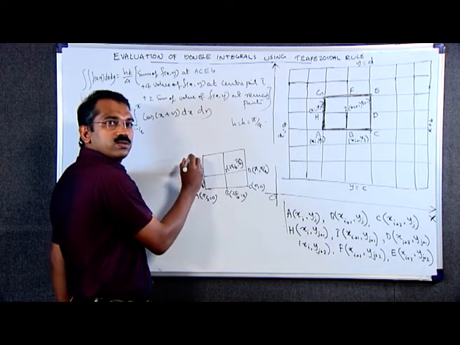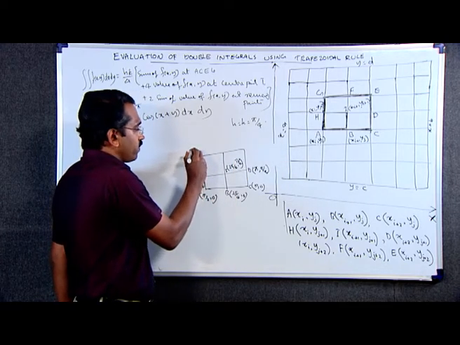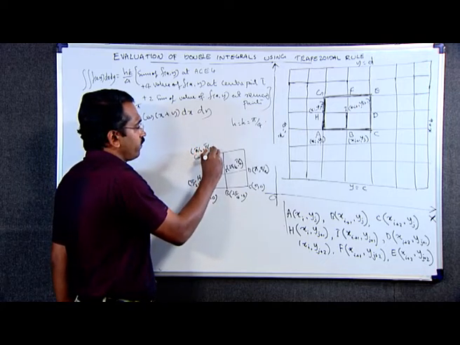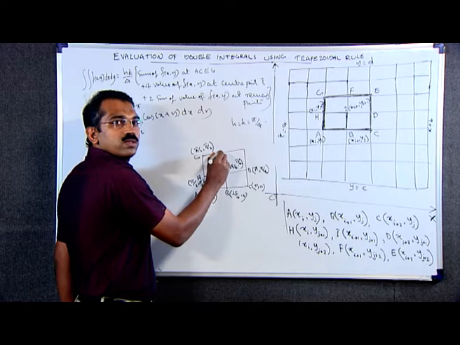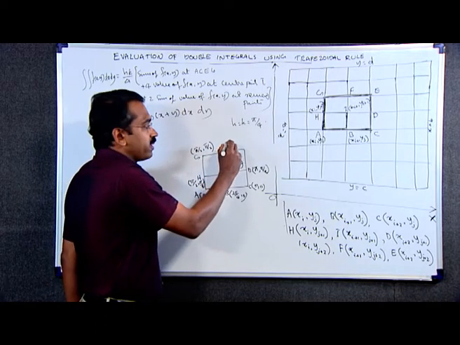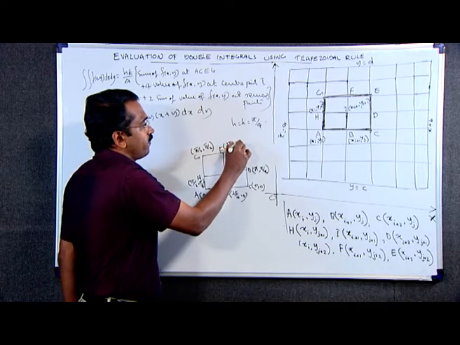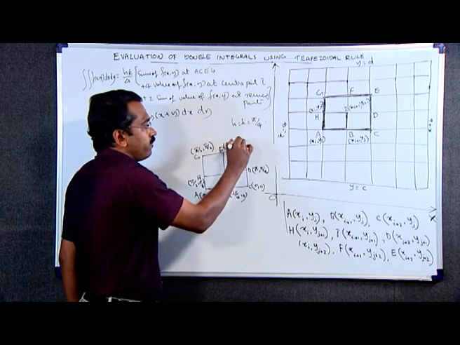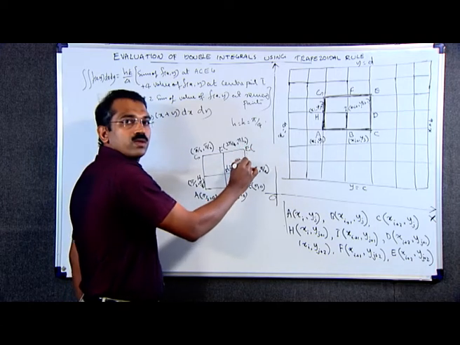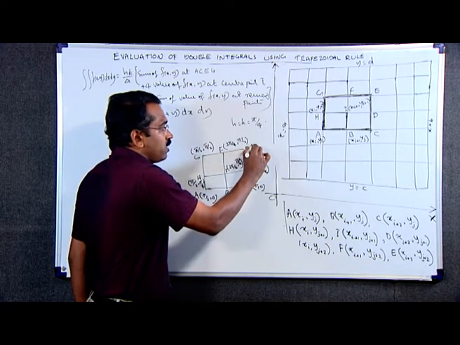This point is G, which is pi by 2 comma pi by 2. This is F, the point 3 pi by 4 comma pi by 2, and this corner point is E, which is pi comma pi by 2.